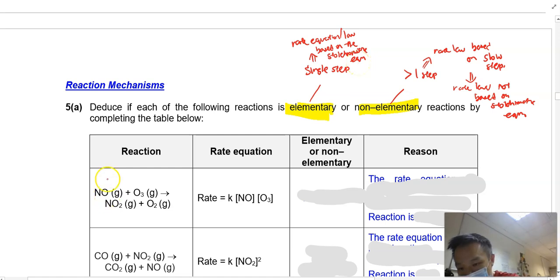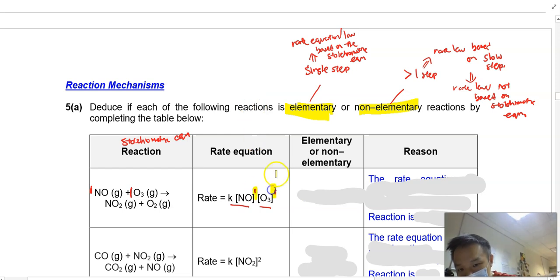In this case, this is the overall reaction, the stoichiometric equation. You can see 1 NO reacts with 1 O3. The rate equation is given as rate = k[NO]^1[O3]^1.